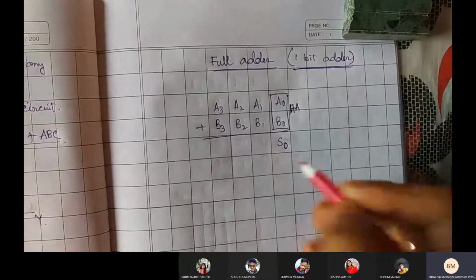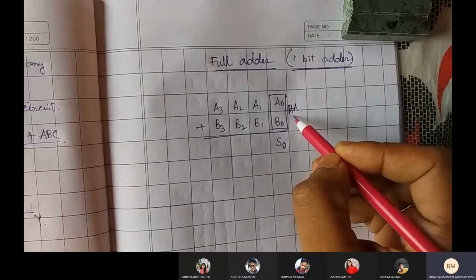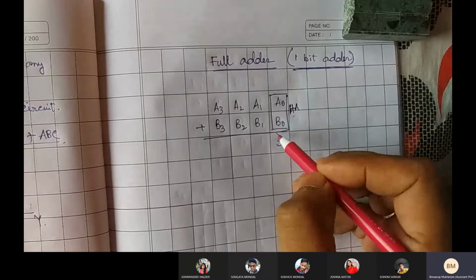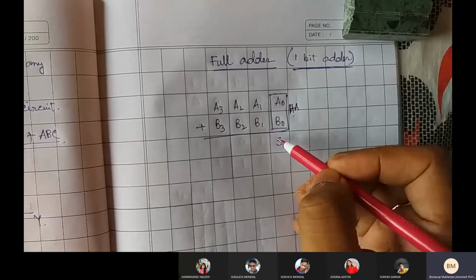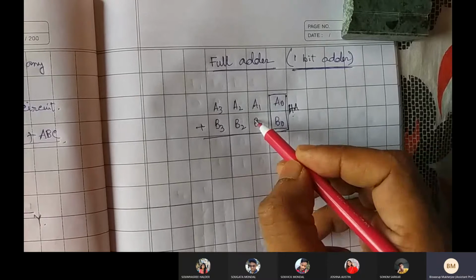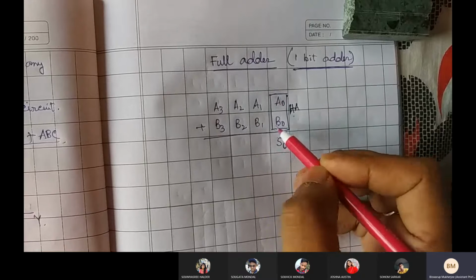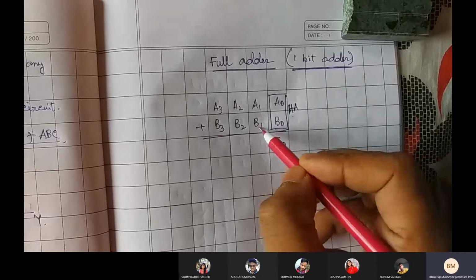A0 B0, so suppose like sum is S0. But we know one half adder may contain one carry output also. Carry যদি 0 হলো তো ঠিক আছে, it's all right. But if carry exists right over there, so it should be added with the next stage, right? Carry যেটা হয় এখানে যোগ করে যেটা carry over হবে, that should be added with A1 B1.